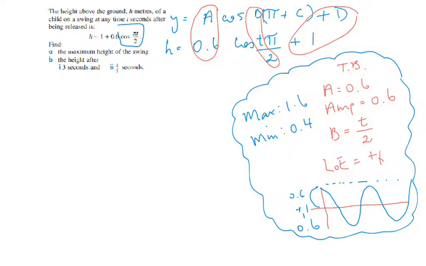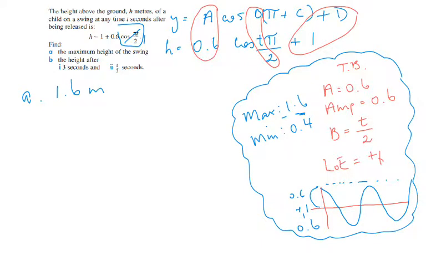So all we need to know is this is our maximum value when pi t on 2 is equal to 0, and then of course when cos is at its maximum value of 1, 0.6 times 1 is 0.6, so 1 plus 0.6 is 1.6. So we can work it out mathematically like that, but more importantly, we've already done it over here. So for part A, our maximum height is 1.6 metres.